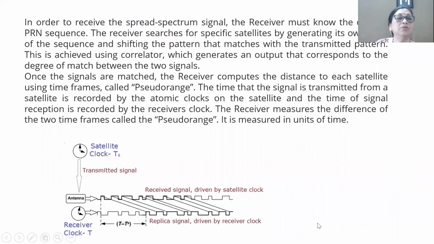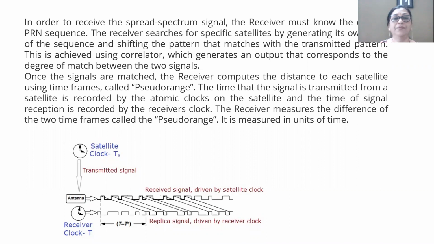Here your receiver is going to receive this spread spectrum signal. The transmitter has a certain sequence of codes, and the same sequence of codes must be known by the receiver. Your receiver must have the same type of code as that of the transmitter.